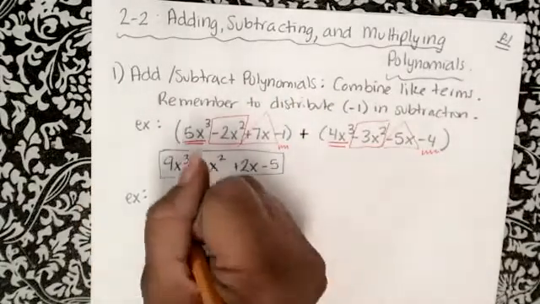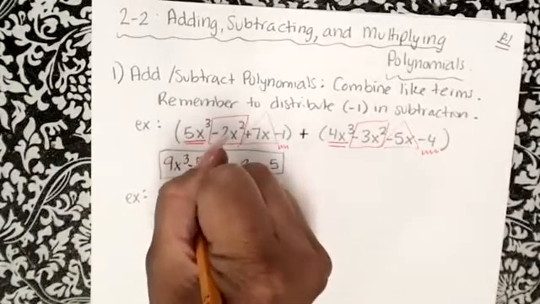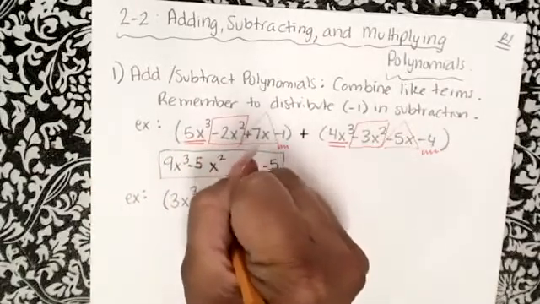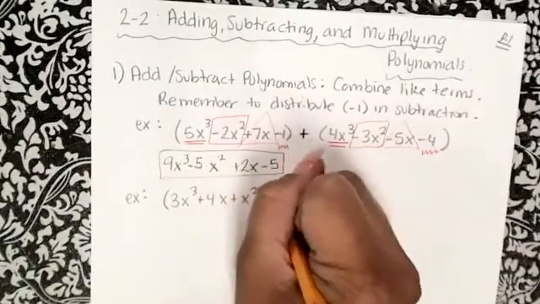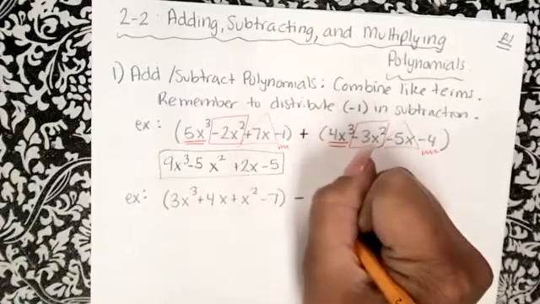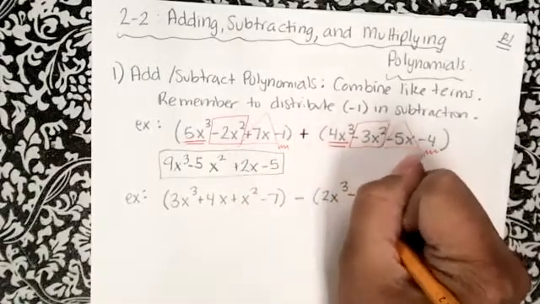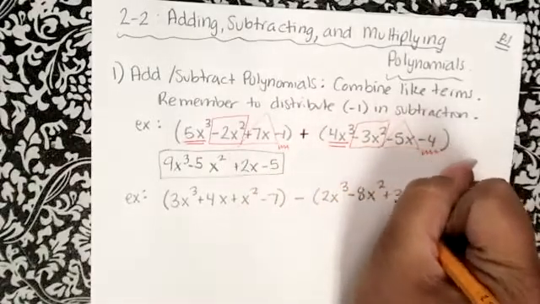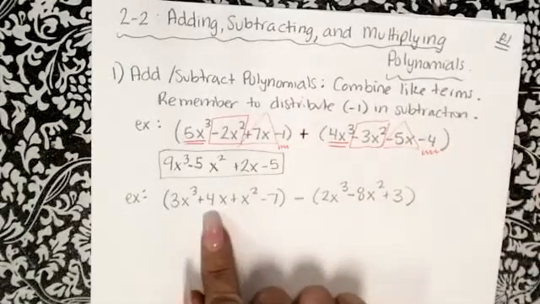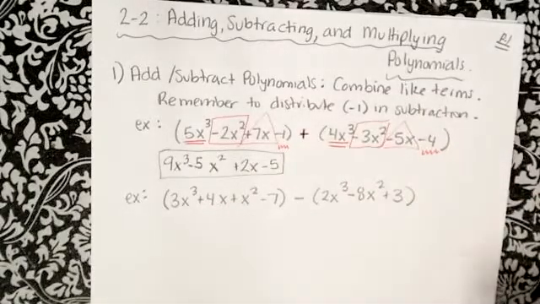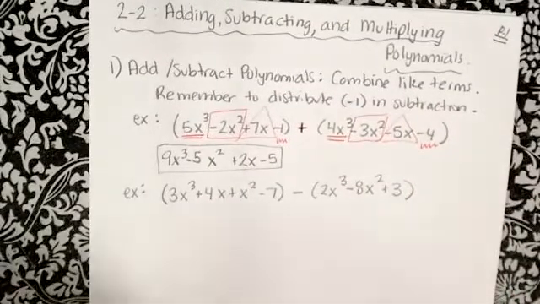Let's do another example. 3x cubed plus 4x plus x squared minus 7, subtract 2x cubed minus 8x squared plus 3. Now, if you notice right here, I did not put it in descending order, and that's fine. Now, pay attention to the symbol in between. It says subtract.